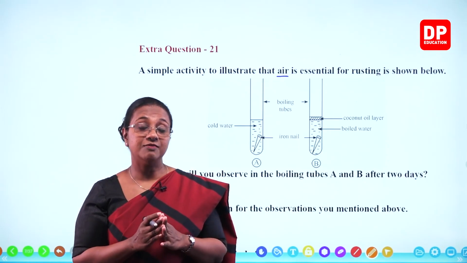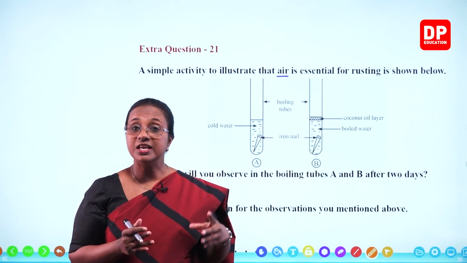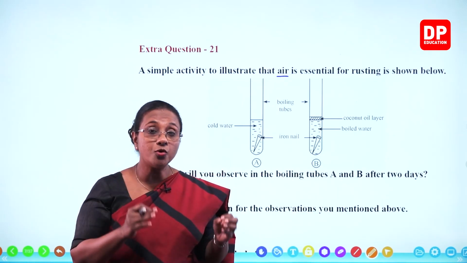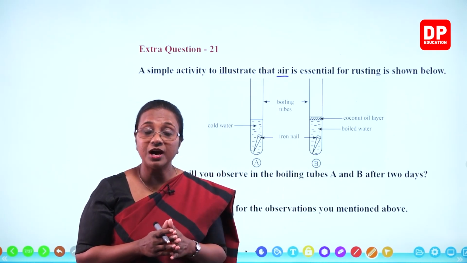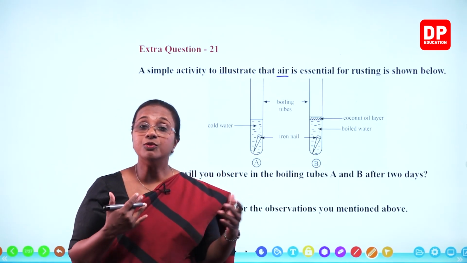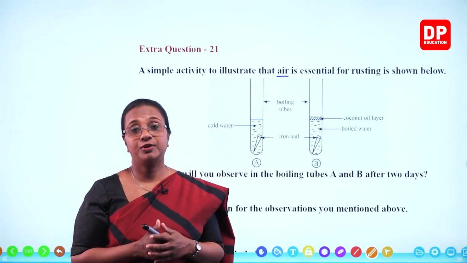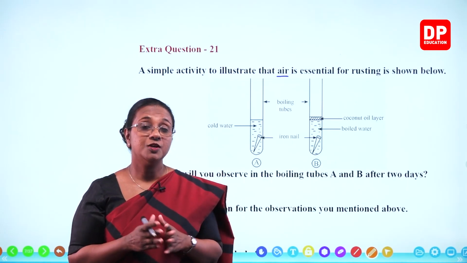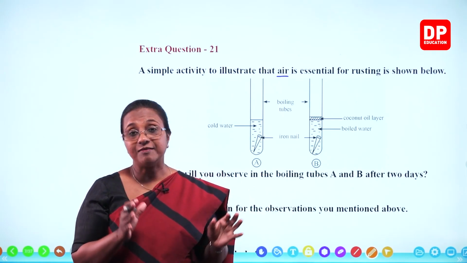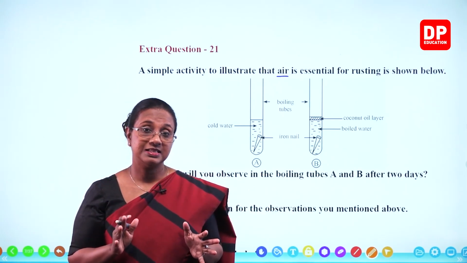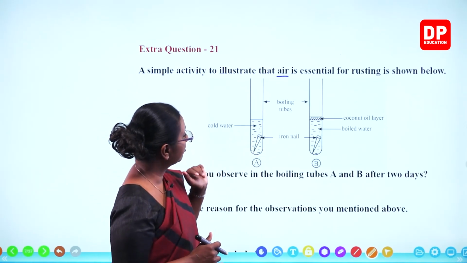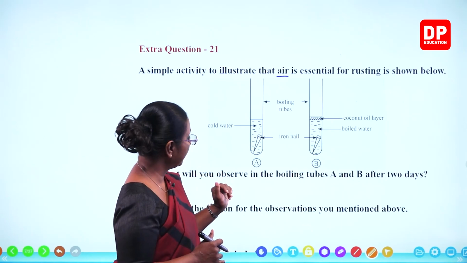To remove that, what do we do? You all know zinc reacts with hydrochloric acid. So we soak the iron nails in dilute hydrochloric acid for about 10 minutes and wash them off carefully with distilled water. Then of course the zinc coating will be removed, and you will have pure iron nails. Then you take an equal amount of water into both boiling tubes.